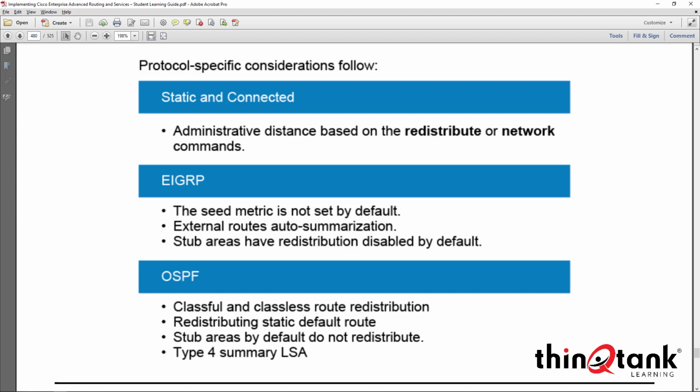When you have the redistribute command, protocols like EIGRP, which has the ability to distinguish between an internal route and an external route, are going to redistribute static and connected routes as external routes. So they're going to come into EIGRP as a DEX route. If the network command was used to inject a route into EIGRP, we know that route is going to show up in EIGRP as an internal route within the IGP protocol itself.